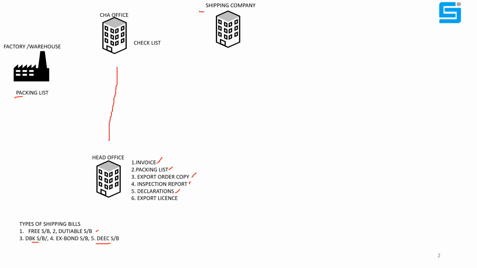This activity can be done 4 or 5 days earlier also, because the DO is valid for 3 to 5 days depending on the shipping company. When the exporter hands over the cargo to the CHA for shipping, he wants to know how much freight is applicable to that cargo.